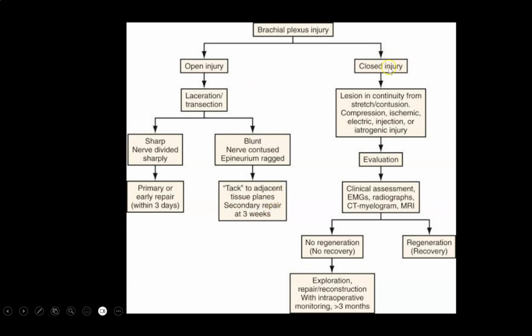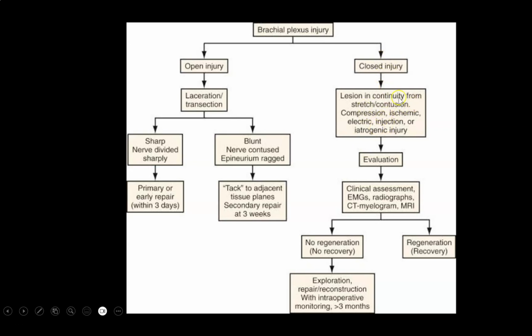Or it is a closed injury. Closed injury is more common than open injury, and it could be related to traction, which is stretch of the nerve, could be producing contusion, compression of the nerve, or ischemia, or electric injury, or wrong injection, or iatrogenic injury when you are doing some physiotherapy or abnormal movement of the neck and traction on the nerve.